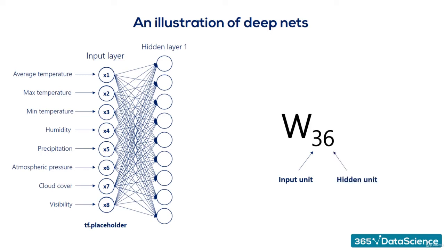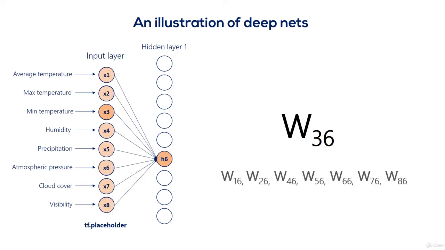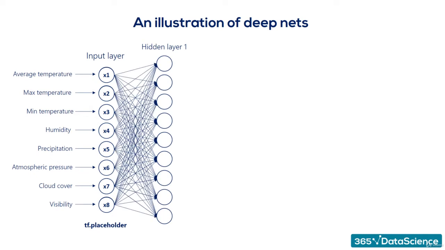For example, weight 36 is applied to the third input and is involved in calculating the sixth hidden unit. In the same way, weights 16, 26, and so on until 86 all participate in computing the sixth hidden unit. They are linearly combined, and then nonlinearity is added in order to produce the sixth hidden unit. In the same way, we get each of the other hidden units.